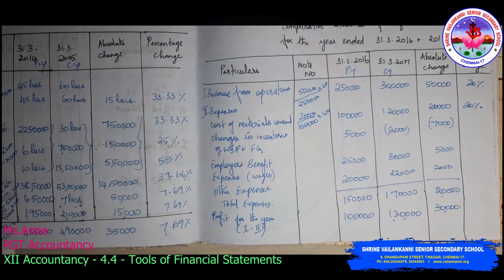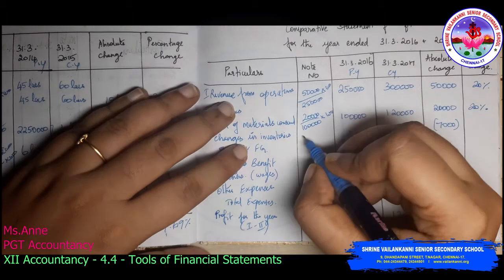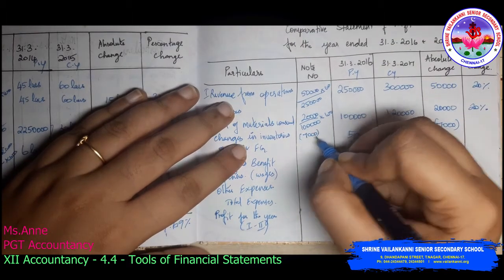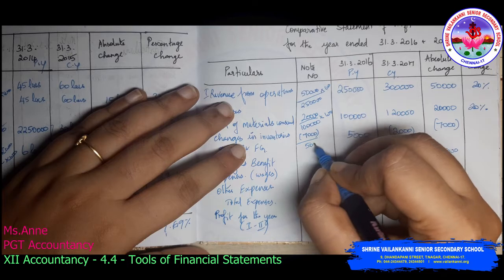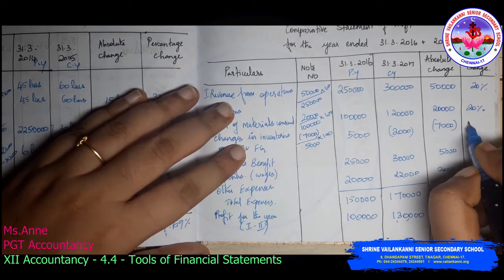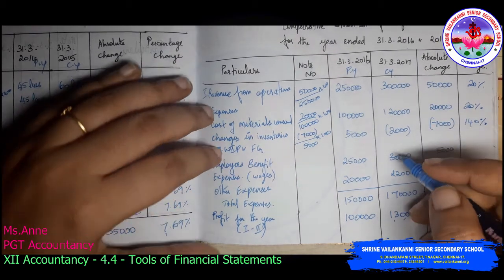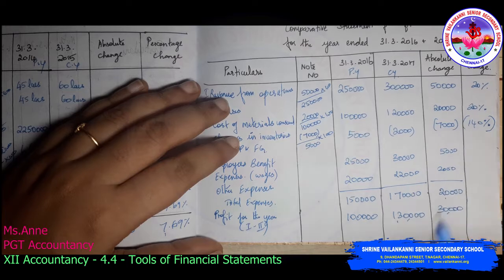Then 7,000 negative figure divided by 5,000, a positive figure, into 100. You should be very careful here. 7,000 is a negative figure divided by 5,000 into 100. So it is 140%, which is a negative change.